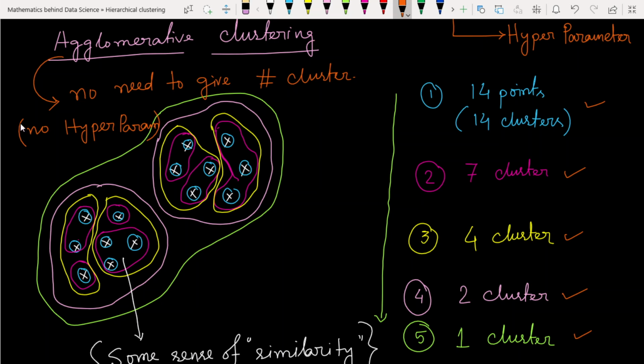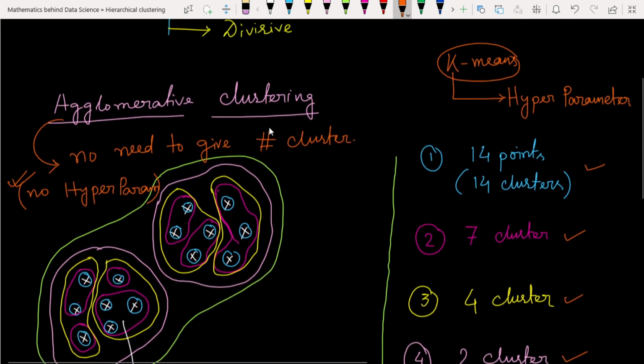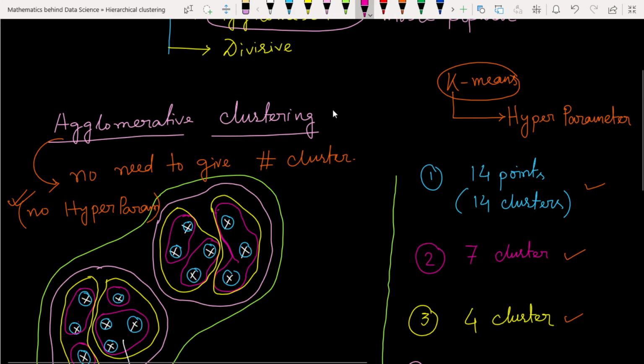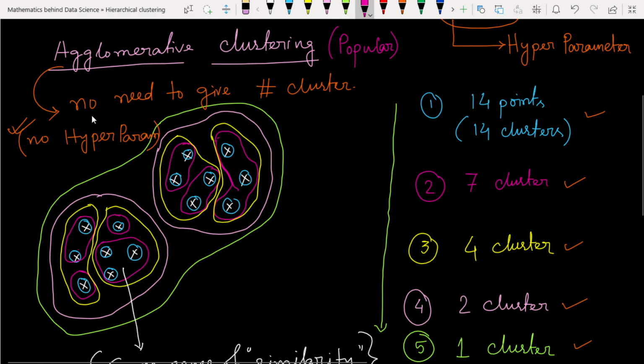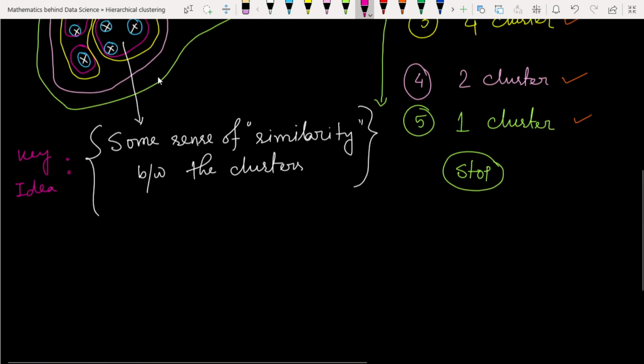This is one advantage, and because of this reason it is the most popular one. Okay, I think you understand how agglomerative clustering works. I think you got the point.